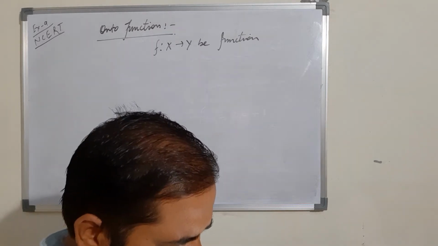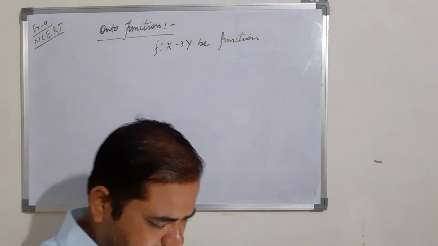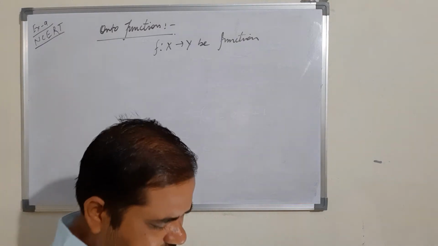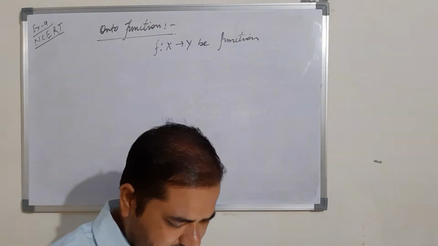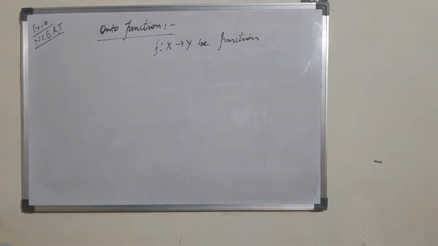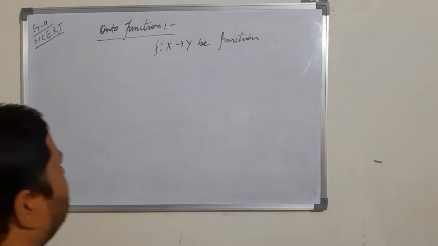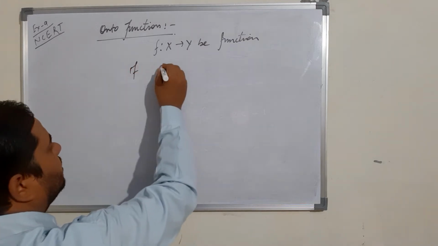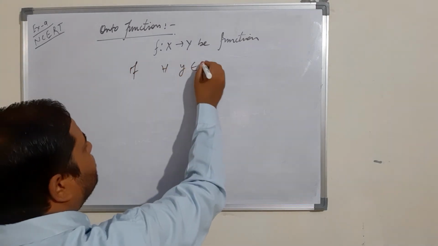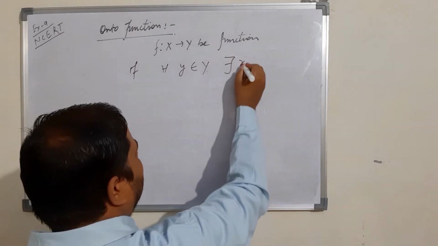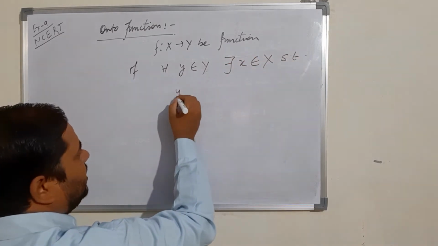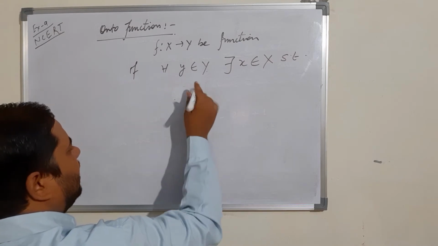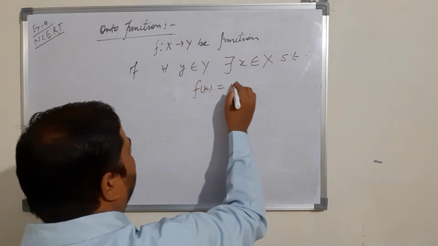That is, for every element y belonging to Y, there exists an element x belonging to X such that f(x) is equal to y. That is, the function is said to be onto if for each y belonging to Y, there exists x belonging to X such that y is equal to f(x).